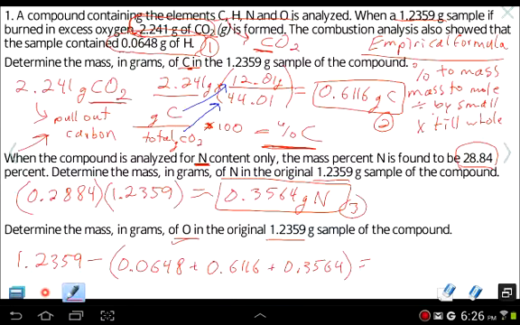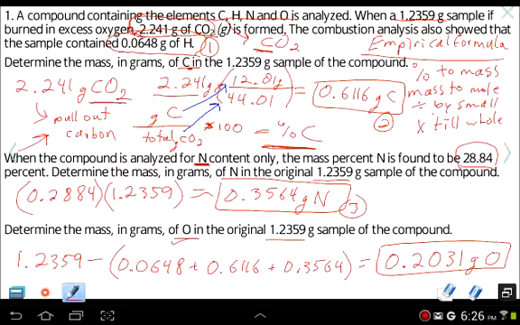I would recommend using your calculator carefully here and make sure you got this amount. So we have 0.2031 grams of oxygen. And on the next slide we're actually going to use these values to do some calculations.